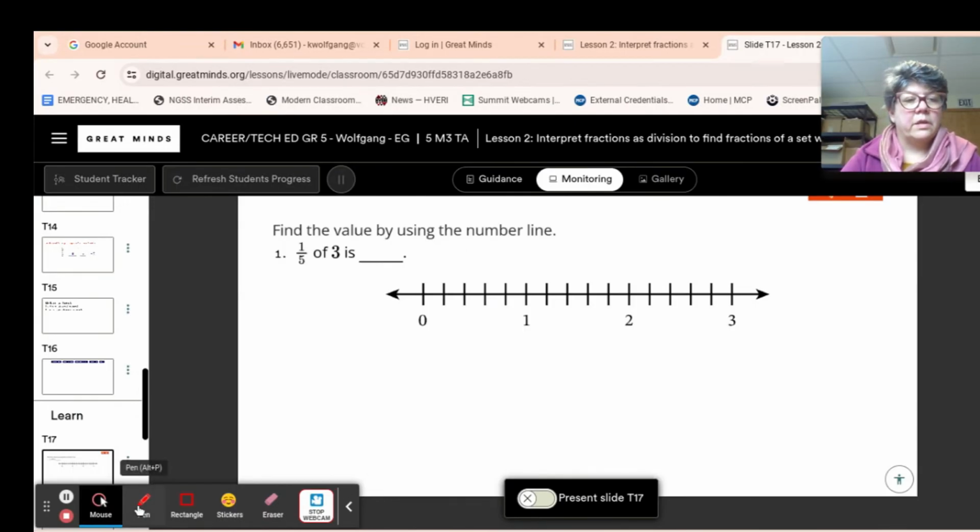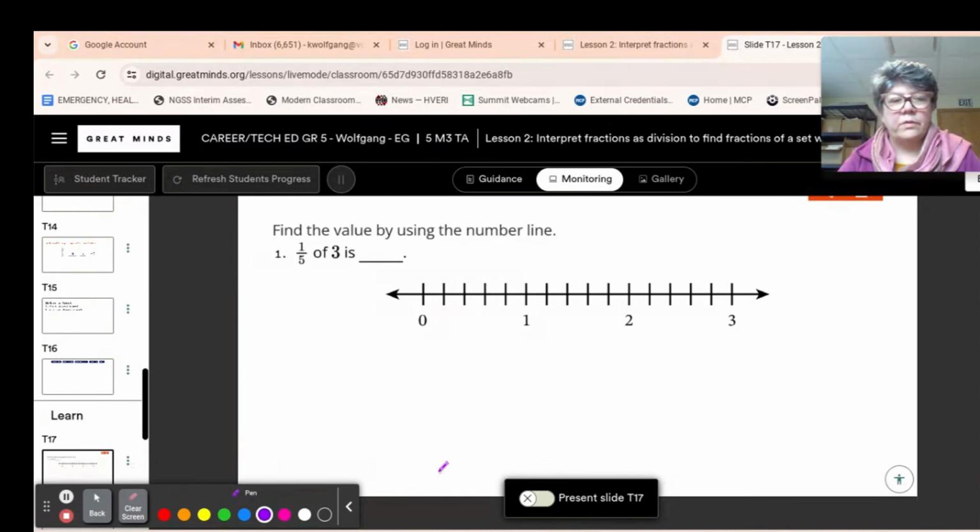Okay, let's use purple. And we can see 1/5 of 1, right? And we can see 1/5 of 2, and we can see 1/5 of 3.